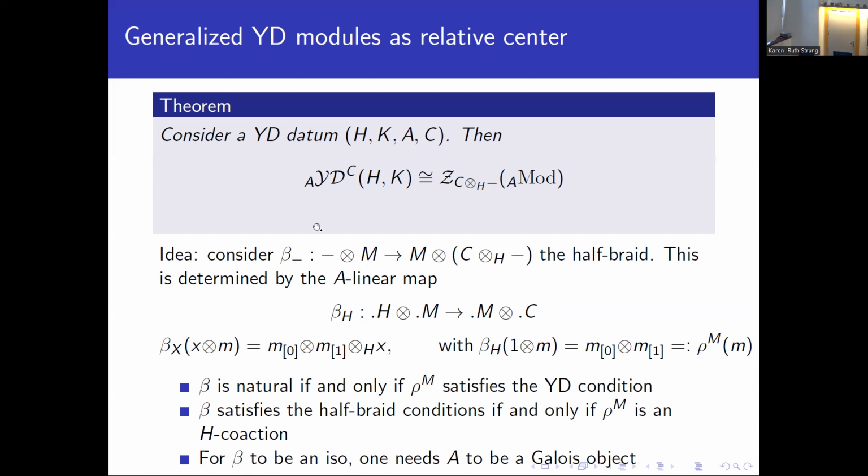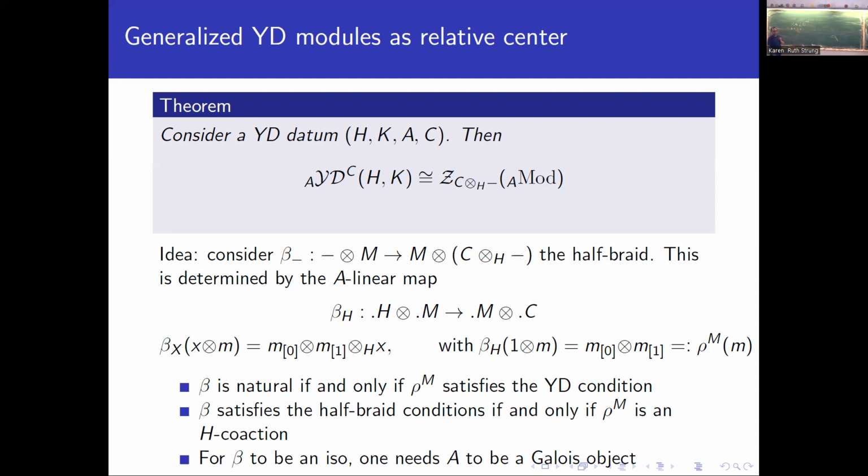So if M is in the usual one, then the formula of this, because the coaction is over H, becomes an element of H. So this just reduces to the usual action.